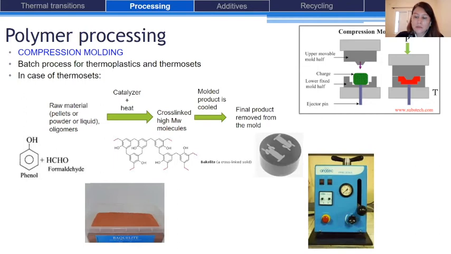During the reaction, high molecular weight molecules are produced, with cross-linking between these molecules. This results in the formation of bakelite. Then the molded product is cooled and we get our final bakelite products.